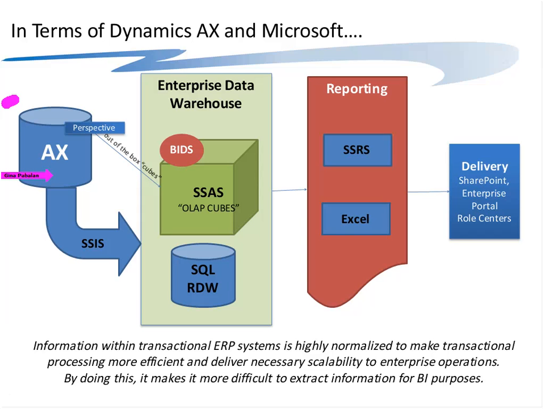They've created a tool within AX to sort of replace SSIS, and they're pulling data directly through AX, and a perspective is not a database itself. They're just views of the data, and that's how they're building these 20 cubes. And so then you end up with your 20 cubes down here.